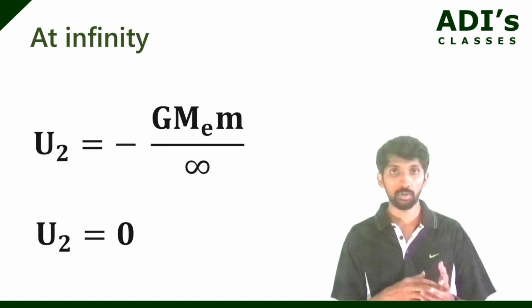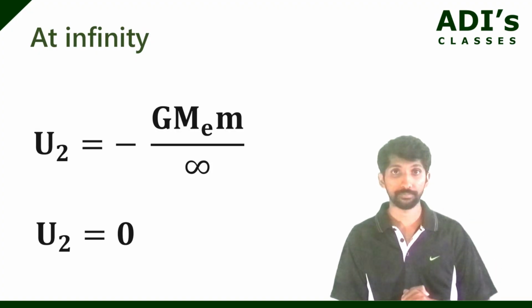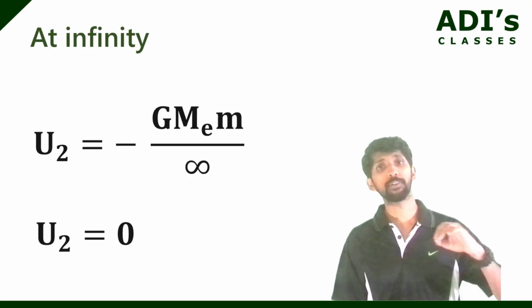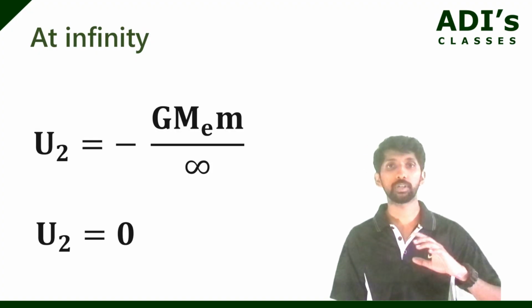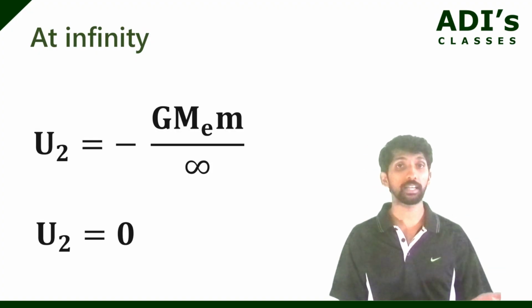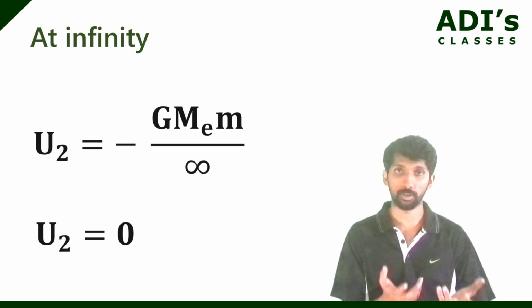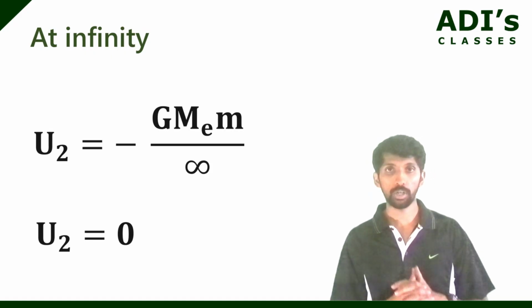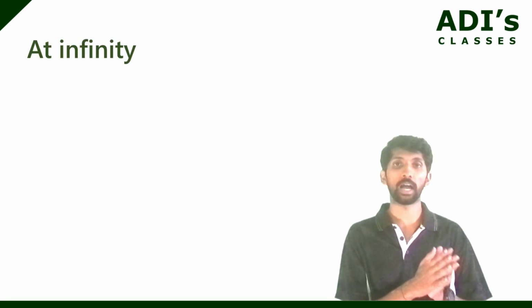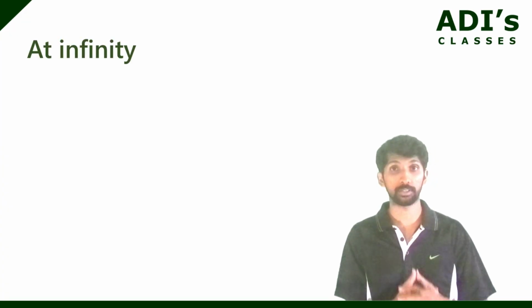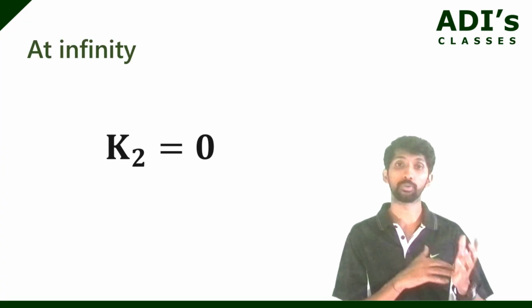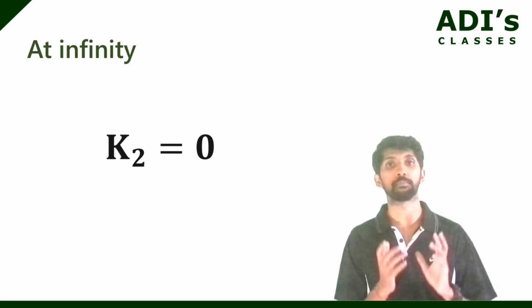Once it reaches infinity, the kinetic energy will also become zero. So we have U1 and K1 on the surface of the Earth, and U2 and K2 at infinity.